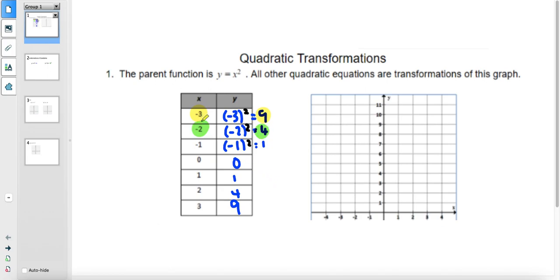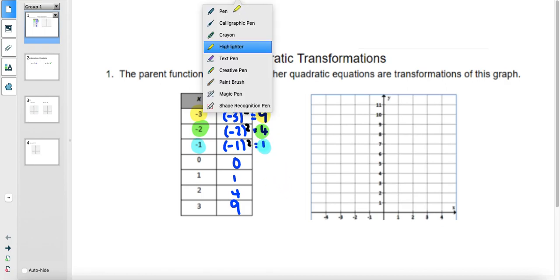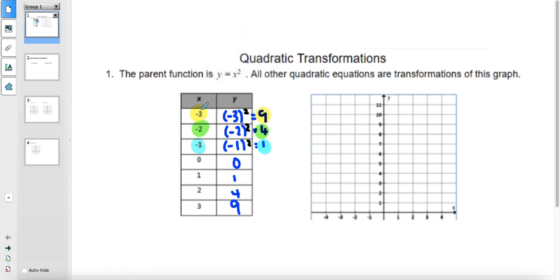So we can plug these points in on our graph to see what it's going to look like. So let's do that. The first point I'm going to plug in is -3, 9. And to plot that point, I'm going to see where x is equal to -3, and then go all the way up to where y is equal to 9.